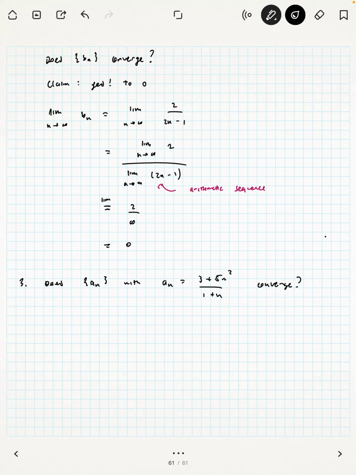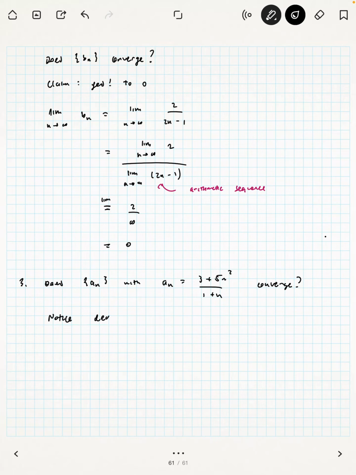Remember, we can redeploy some of the techniques we learned in a previous chapter in Stewart to figure out whether this sequence diverges or converges. It only converges if it converges to a real number. If it blows up to infinity, it diverges.